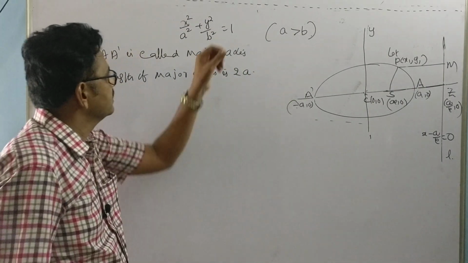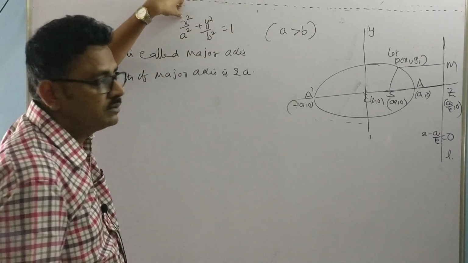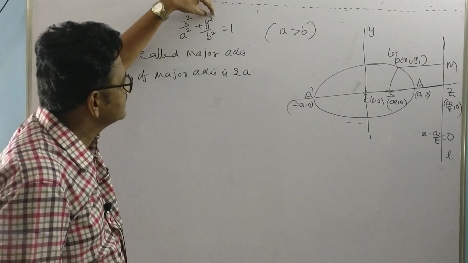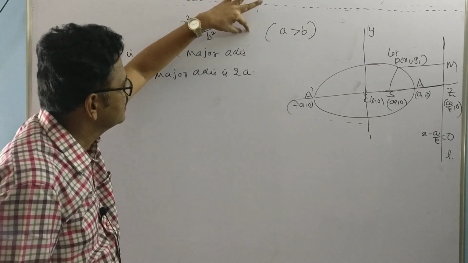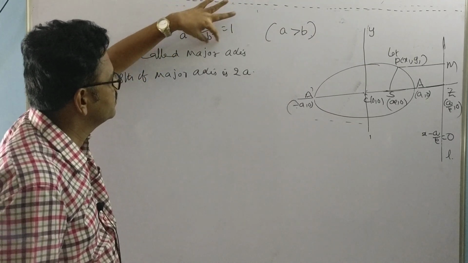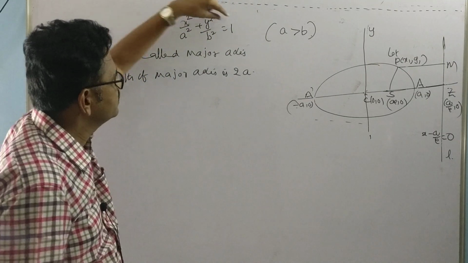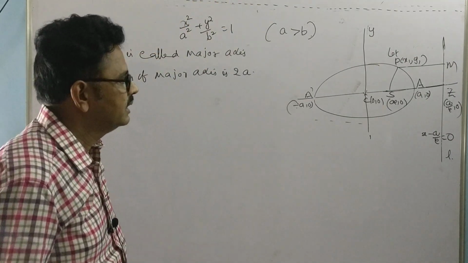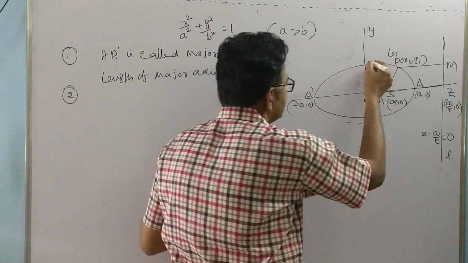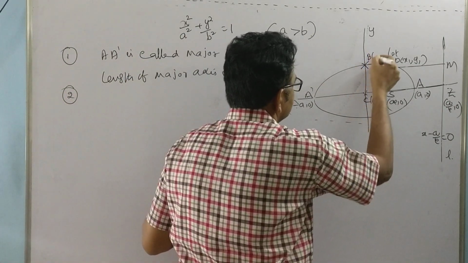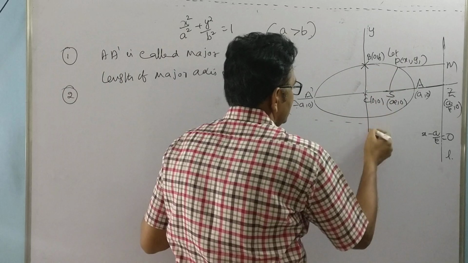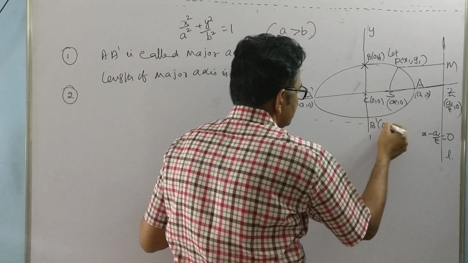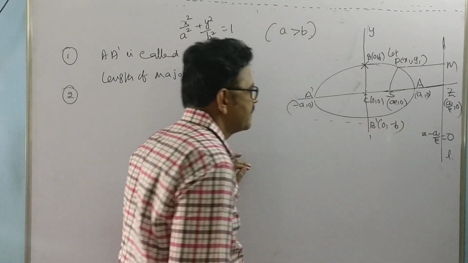See here, in this equation, put x equal to 0. Then this becomes y square by b square equal to 1, y square is equal to b square, y is equal to plus or minus b. That is, the ellipse cuts the y-axis at B 0 comma b and B dash 0 comma minus b.